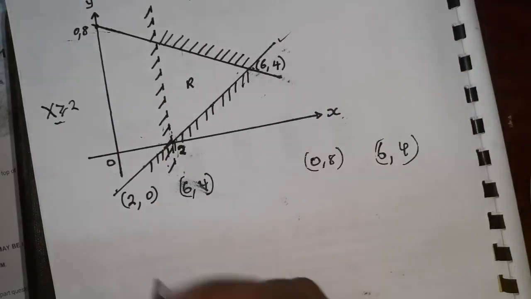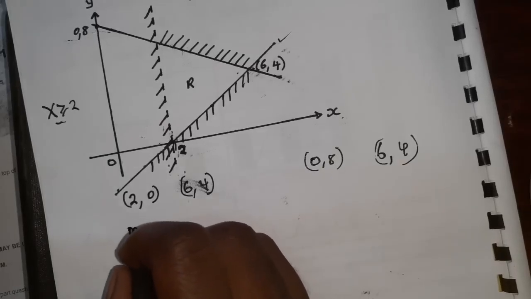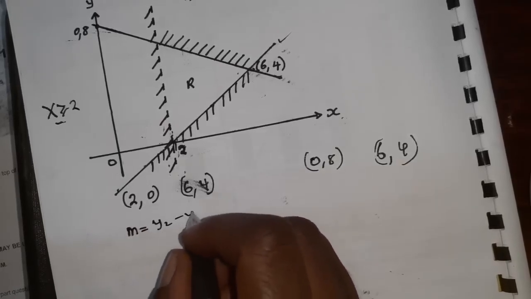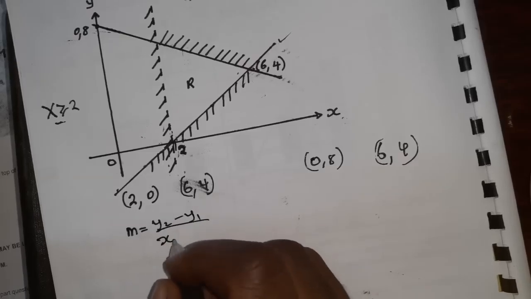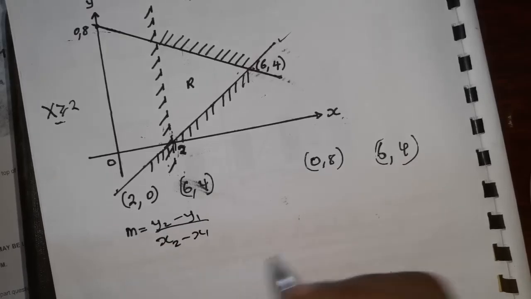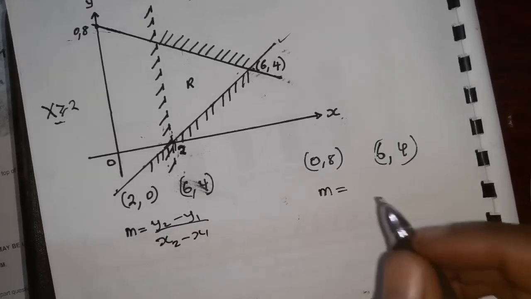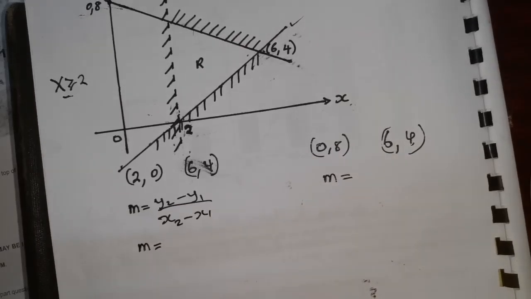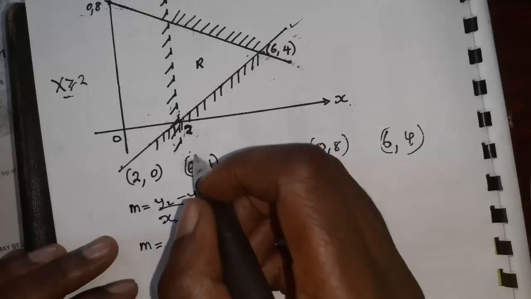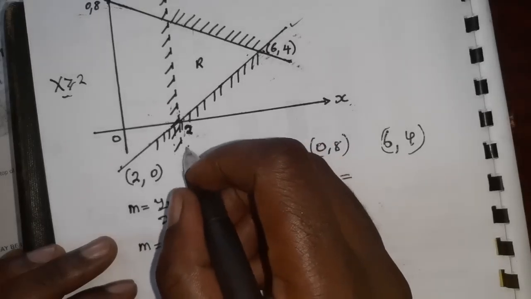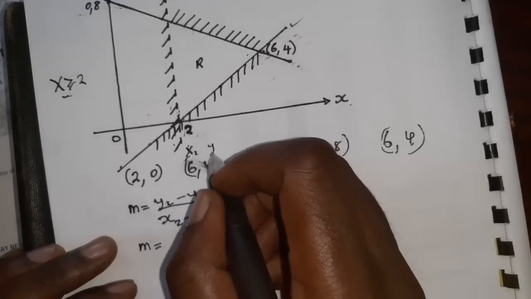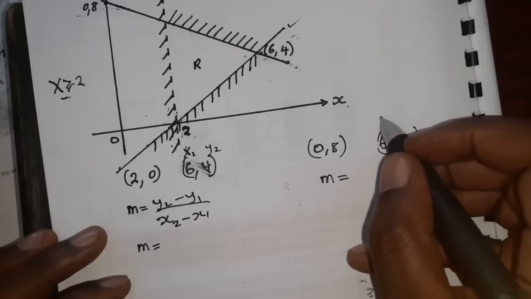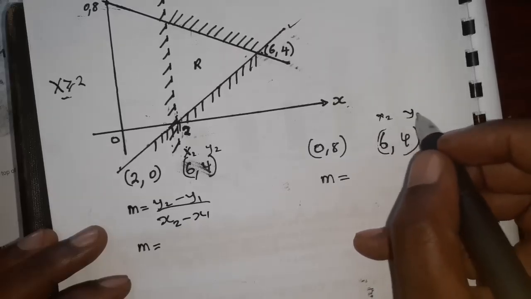I'm doing them simultaneously. For this one, you need to first of all write the gradient, which is y2 minus y1 over x2 minus x1. Even here, we'll do the same thing. So we're going to say gradient is equal to, this is our x2, this is our y2. Even here, this is our x2, this is our y2.